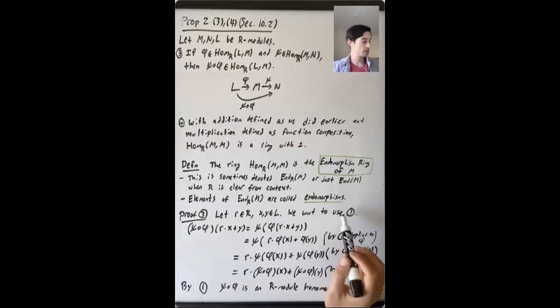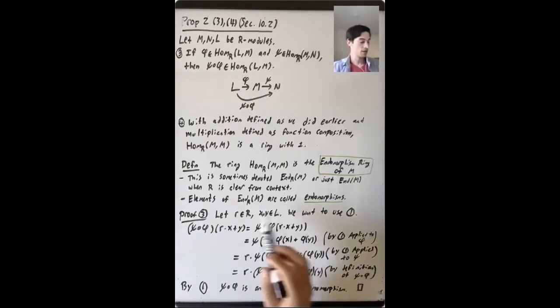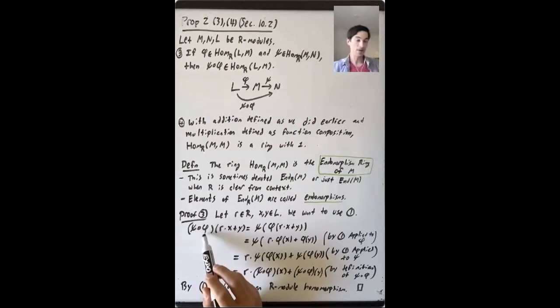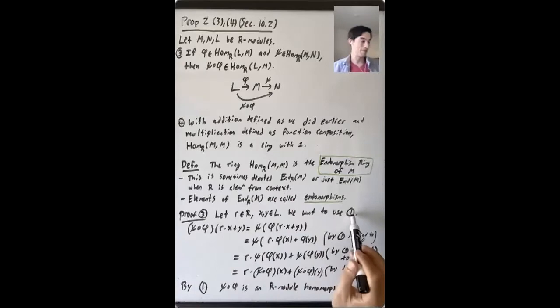So we want to use that characterization, part 1 of proposition 2. So let's say r is an element of the ring and x and y are elements of L. Psi following phi is an R-module homomorphism if and only if you apply it to r dot x plus y and you get the thing from that proposition.